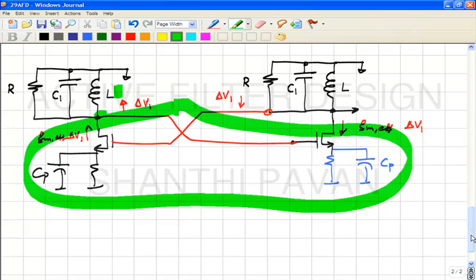Okay? And the fix for that is basically, there were several possibilities. One is to reduce R. Basically you have to reduce the quality factor. Another way is to keep R the same and reduce L. Correct?